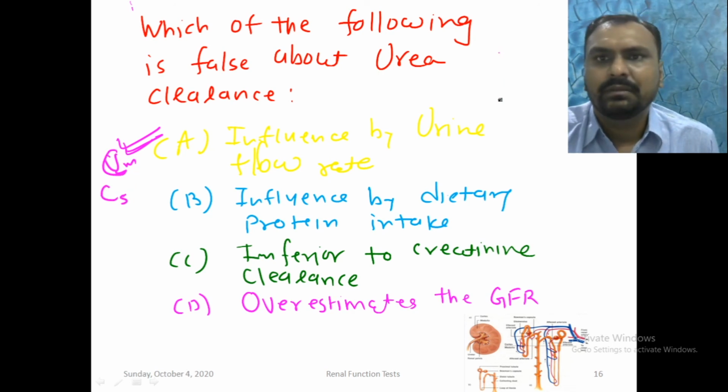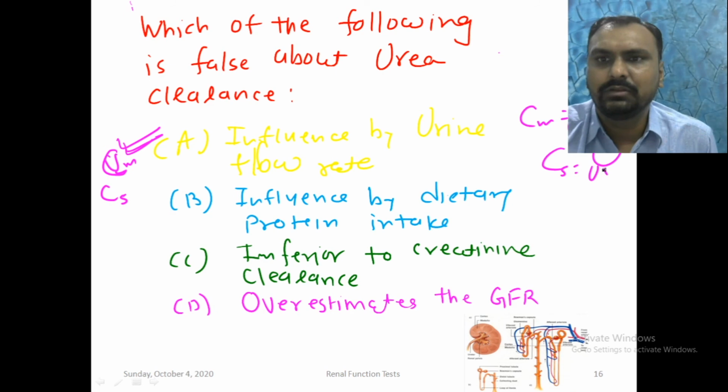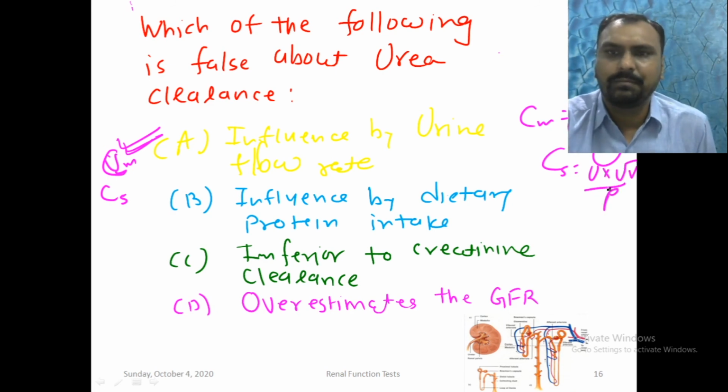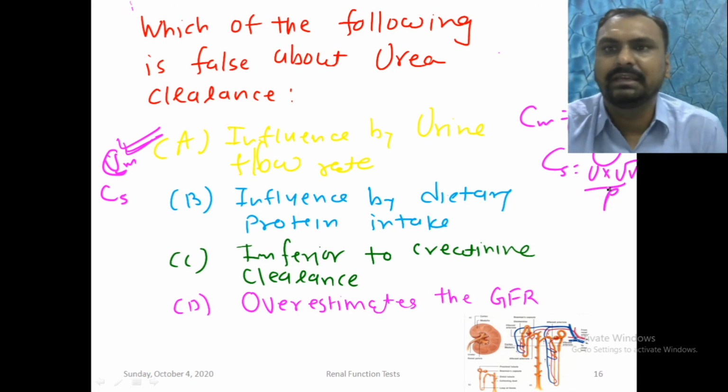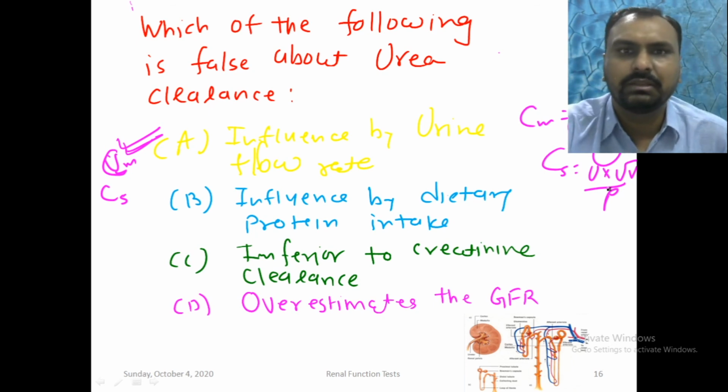Maximum clearance is U into V upon P, urinary urea and plasma urea, and V is the volume, while standard clearance is U into root V upon P when urine volume is less than 2 ml per minute. So it is influenced by the urine volume.